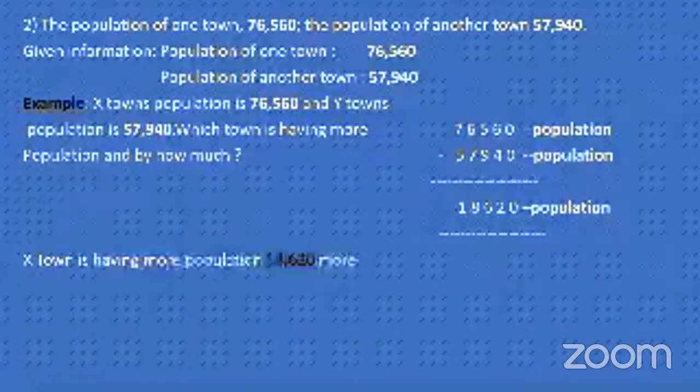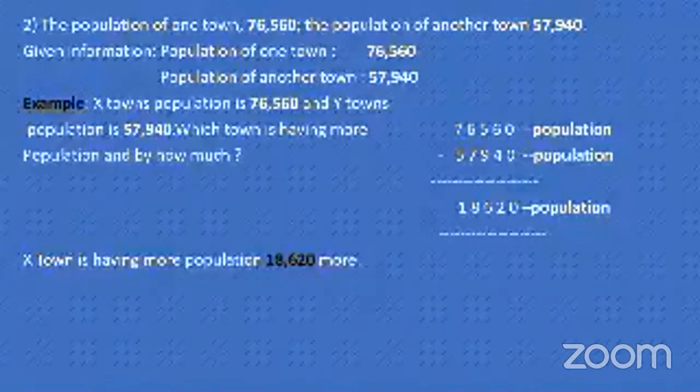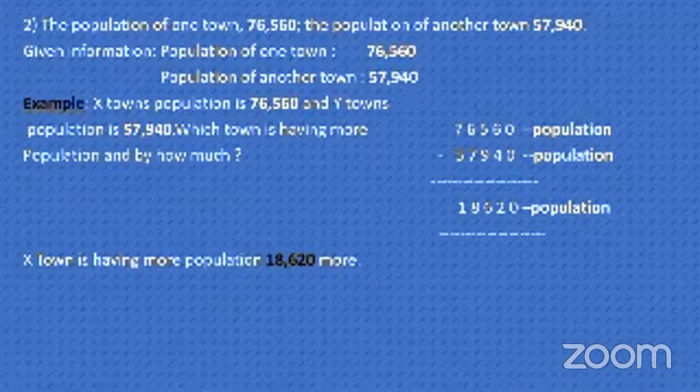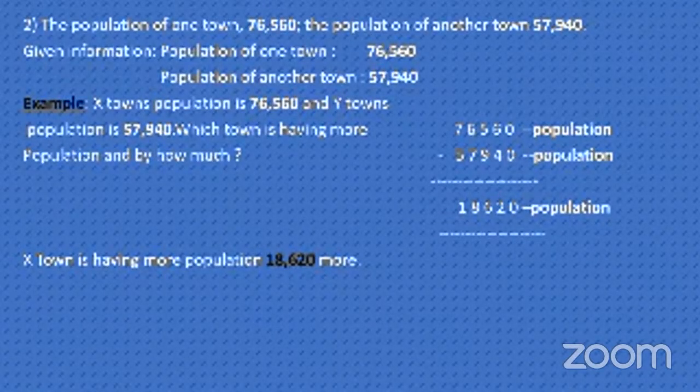See, we'll read this example. What information is given there? The population of one town is 76,560. Very good.